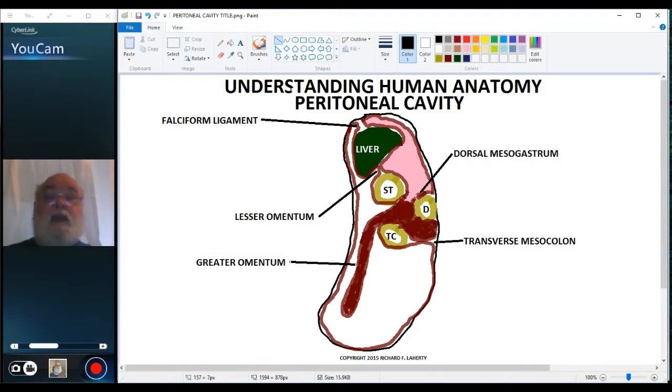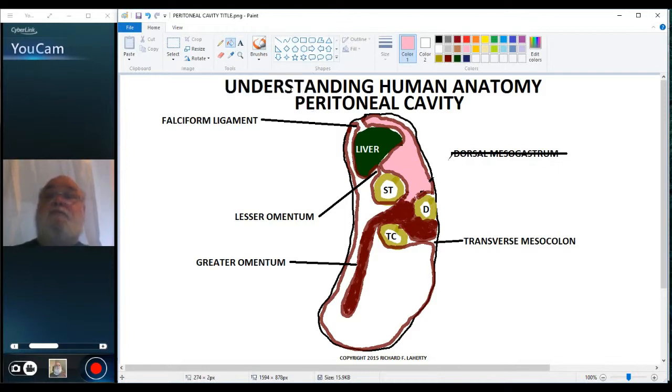The idea is to see what happens here. The dorsal mesogastrum is gone. And I can erase that.